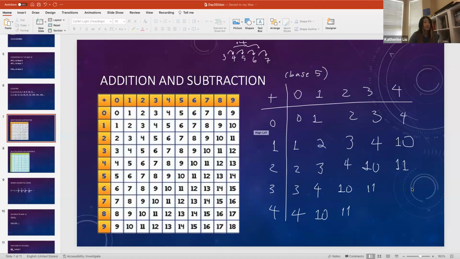But 7 base 5 is actually going to be 12. And then 4 plus 4, that would be 8 if we consider base 10. But if we convert that to base 5, it's actually 13. So now that you have this super handy addition chart, you can do addition with base numbers without ever having to convert them back to base 10.